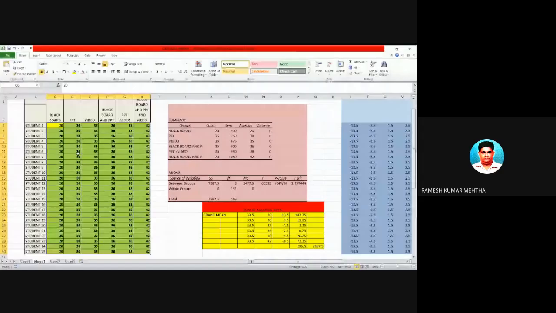So this is one. Number two, there are different methods of teaching: teaching style 1, 2, 3, 4, 5, and 6. These are the quality of teaching, the type of teaching which is adopted.